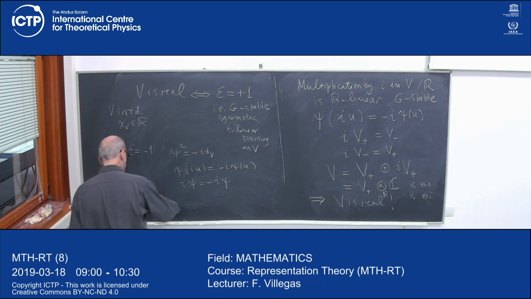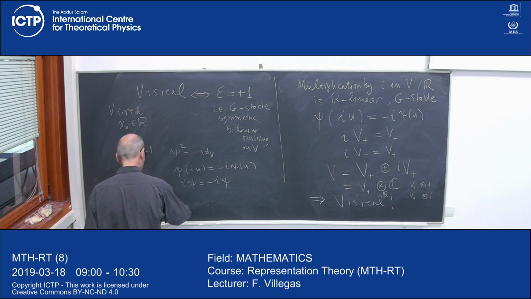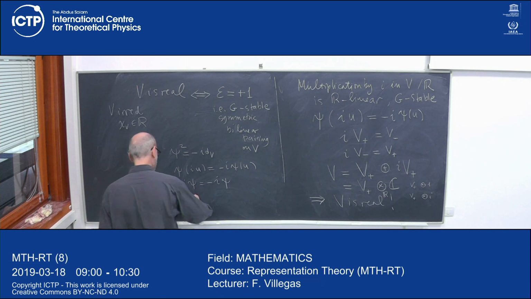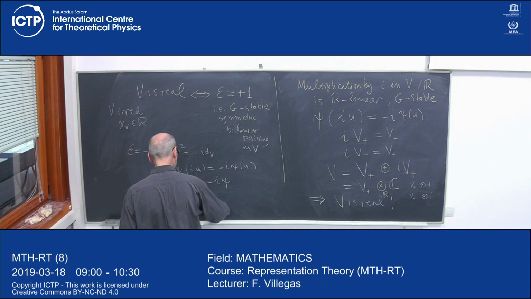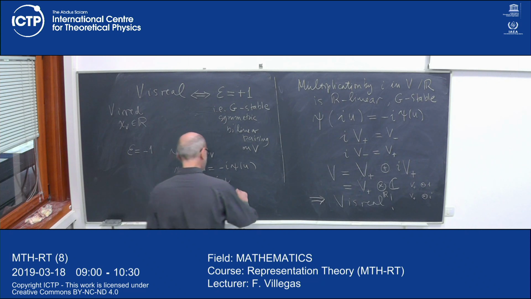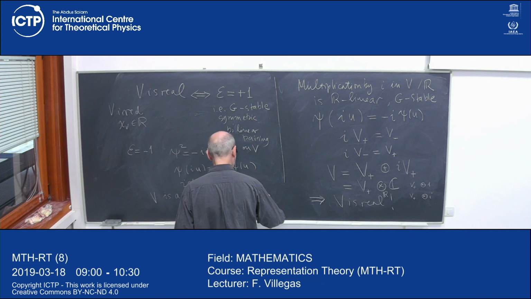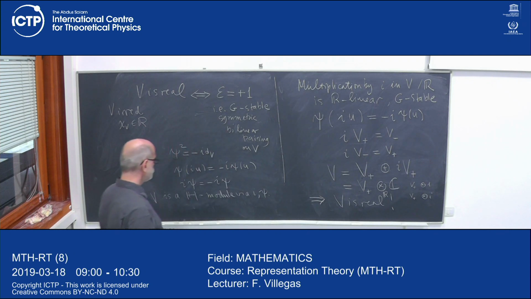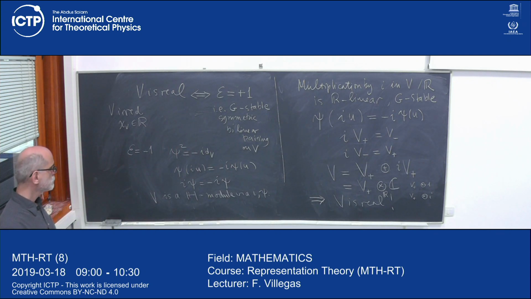So what it says is that V is an H module via I and psi. I think there is a typo. It should be minus psi I. Yes, thank you.